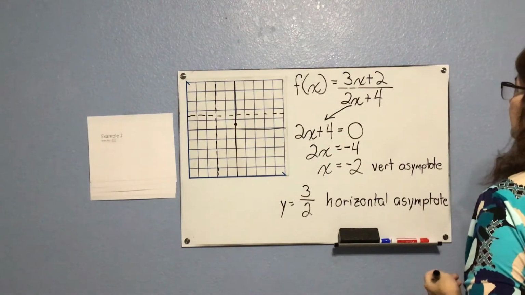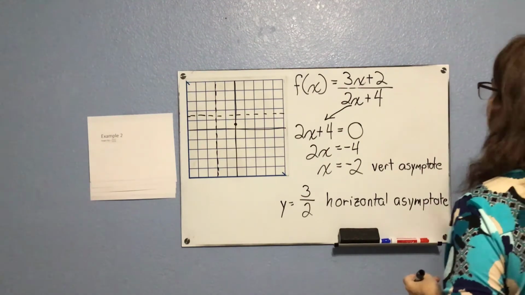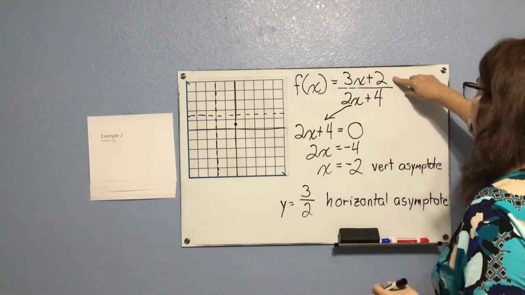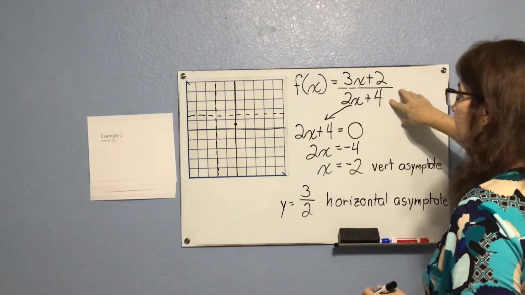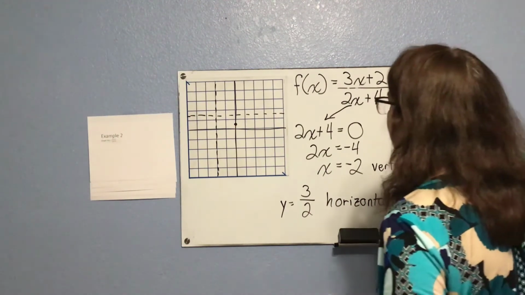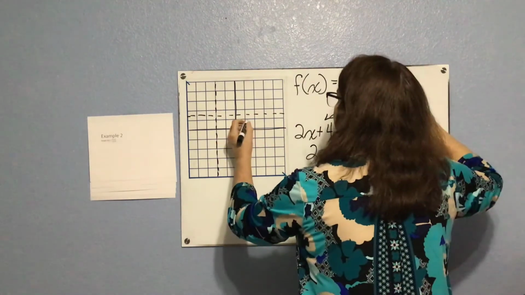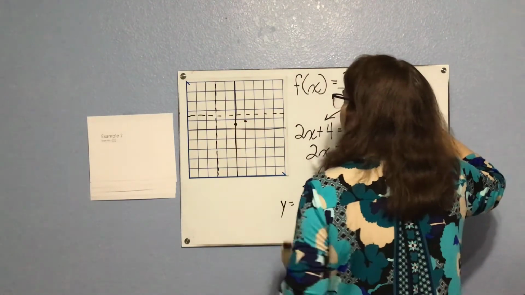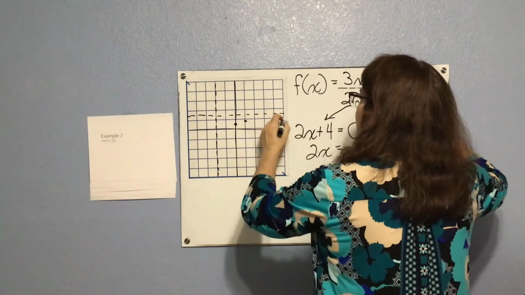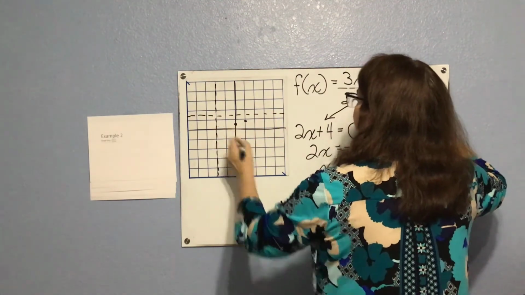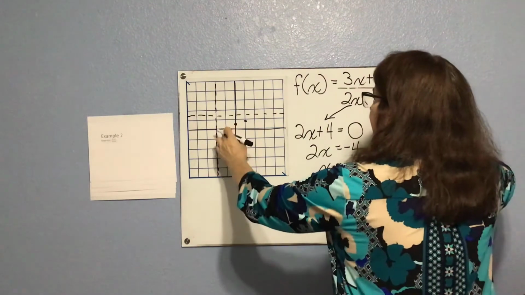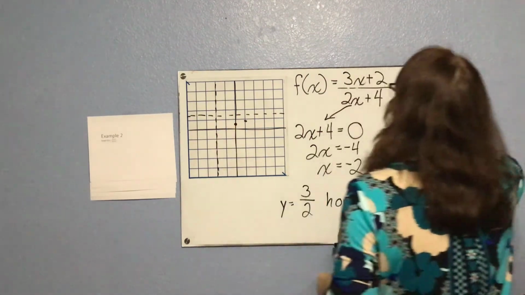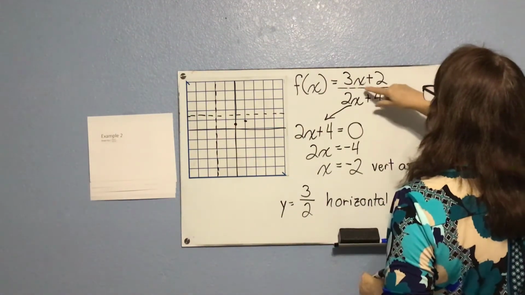I could do the same thing with x equals 1. Then I would have 5 over 6. So at x equals 1, I'm up here getting pretty close to 1. It's reasonable to assume then that at x equals negative 1, I'm going to get a point down here somewhere. But let's check it out.